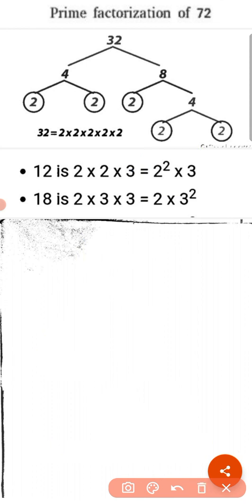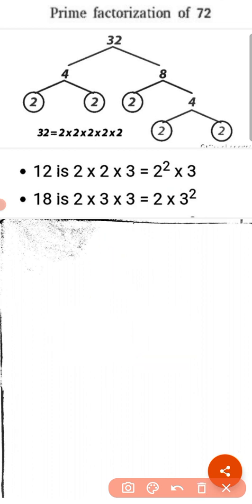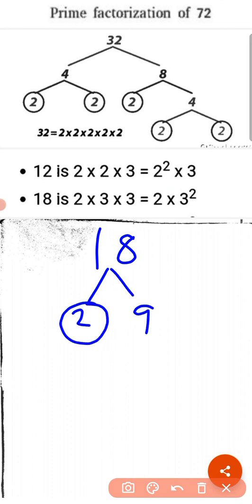Next, 18. 2 into 9. Children, if the given number is an even number, always start with 2. Since 2 is a prime number, we can stop here. Continue our division here with 9: 3 threes are 9, 3 into 3.